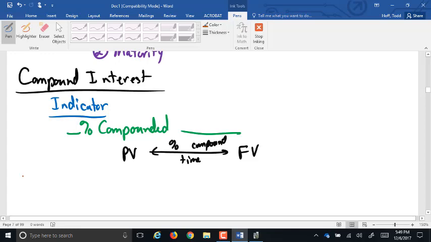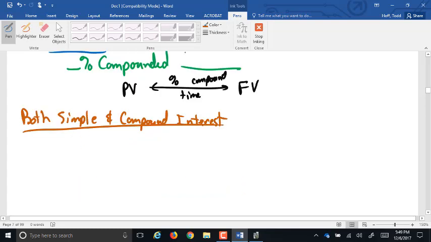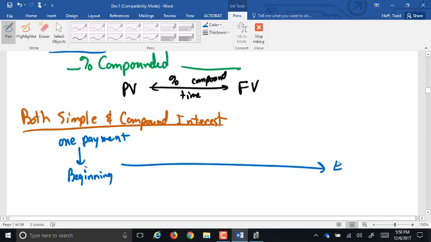Both of these, both simple and compound interest, are characterized, in general, by one payment at the beginning, and then nothing until the end.